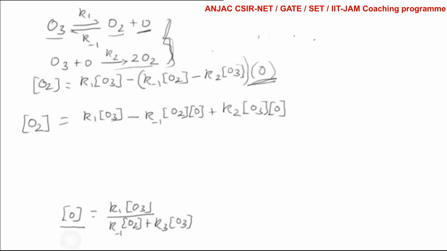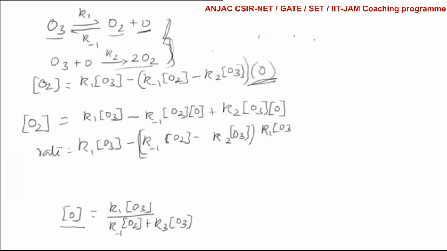Rate is equal to k1[O3] minus k-1[O2] minus k2[O3] into k1[O3] over k-1[O2] plus k2[O3].